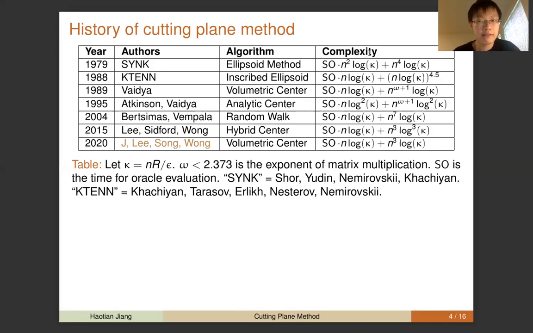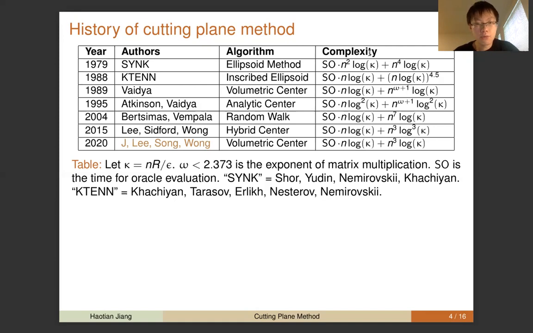In 1989, Vaidya made a breakthrough using the volumetric center. He achieves a number of oracle calls of n log kappa with an extra runtime of only n^(omega+1) log kappa. This runtime was not improved essentially until around 2015.